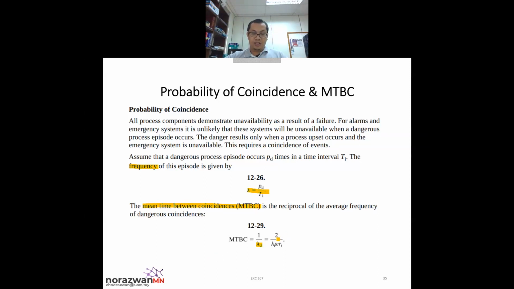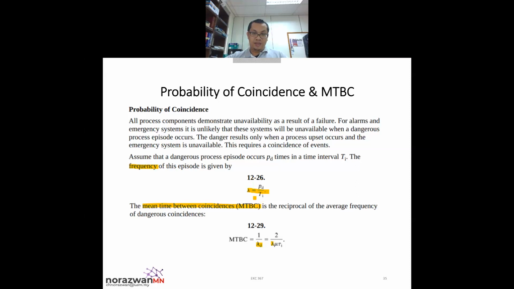The equation can also be written as 2 over lambda mu tau I.